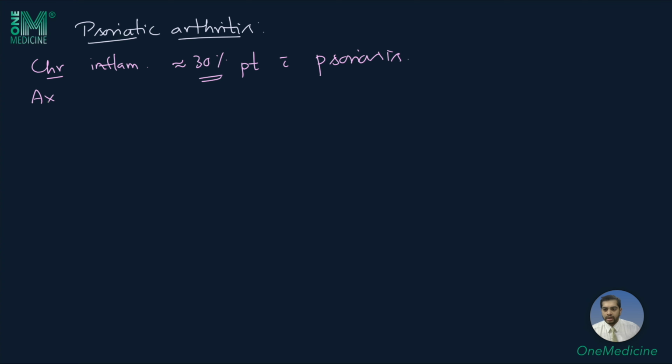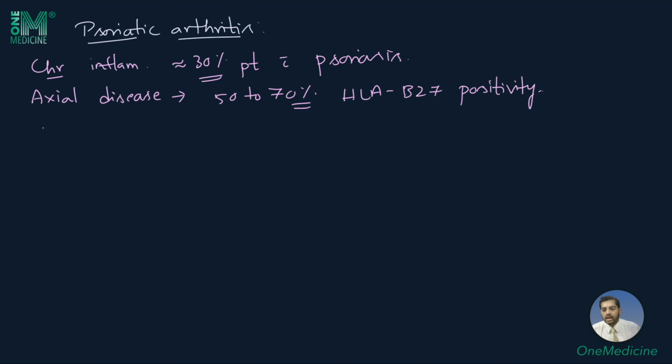In patients with axial disease of psoriatic arthritis, approximately 50 to 70% of the patients show HLA B27 positivity, whereas in patients with peripheral joint involvement, less than 20% of the patients show HLA B27 positivity.